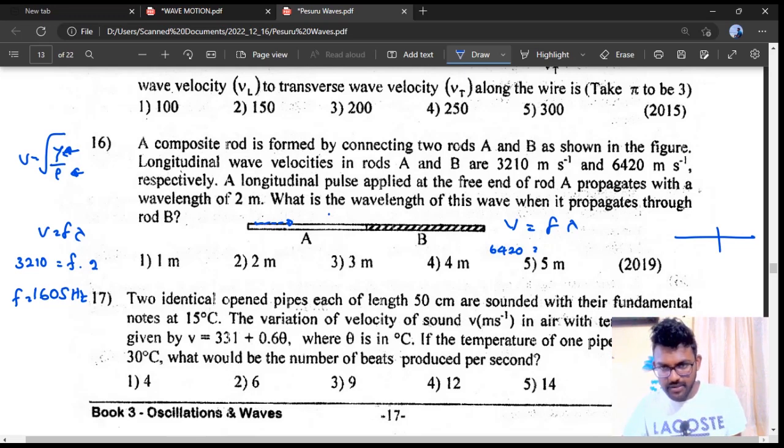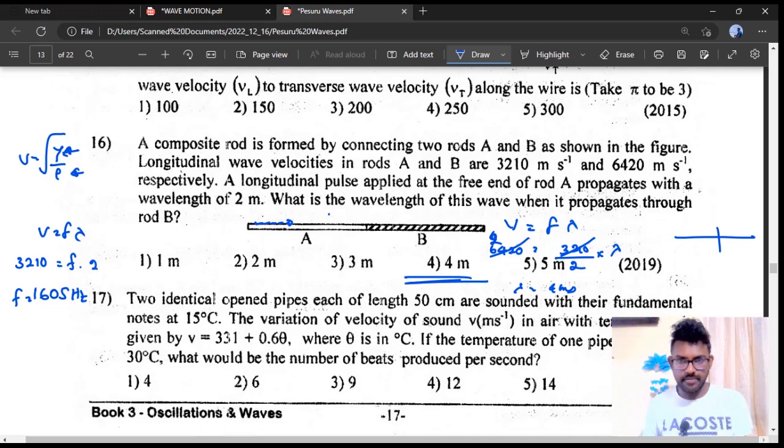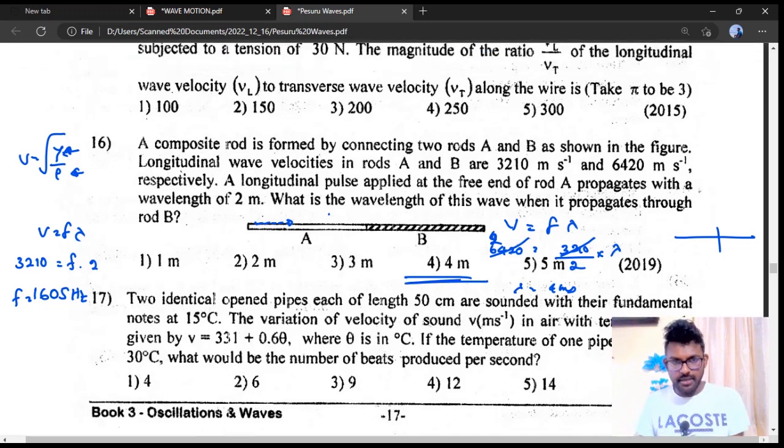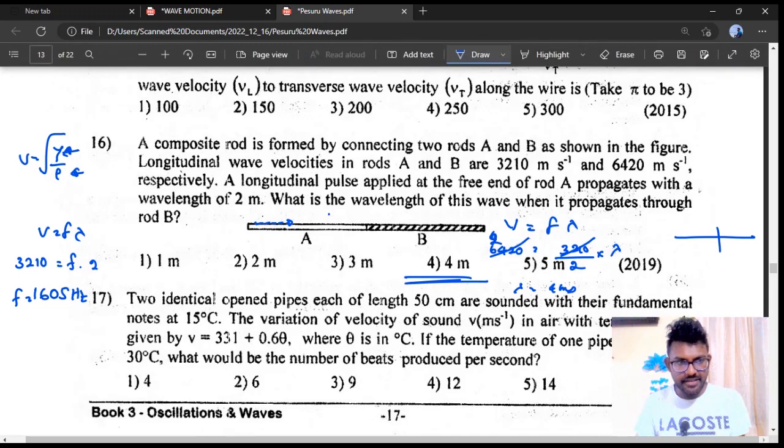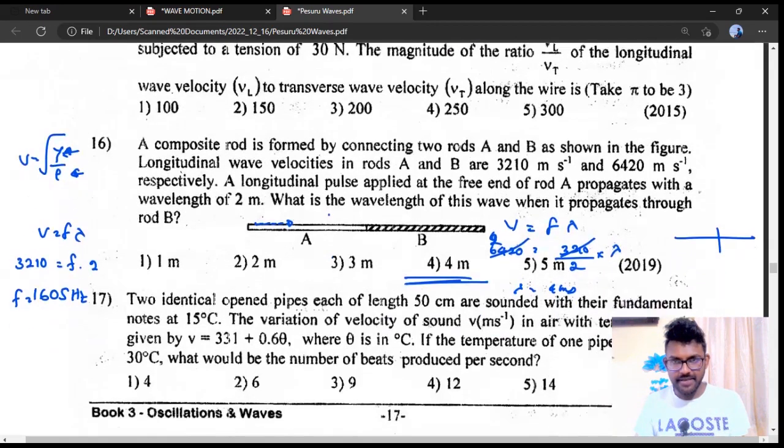Let me do it like this: it's 3,210 divided by 2, that's how we got the frequency. The velocity here is twice that, and this 2 multiplies, so lambda is equal to 4 meters. Piece of cake, right? Actually, you don't need to involve the Young's modulus and the density here. I can basically calculate it just by this, right? Okay.